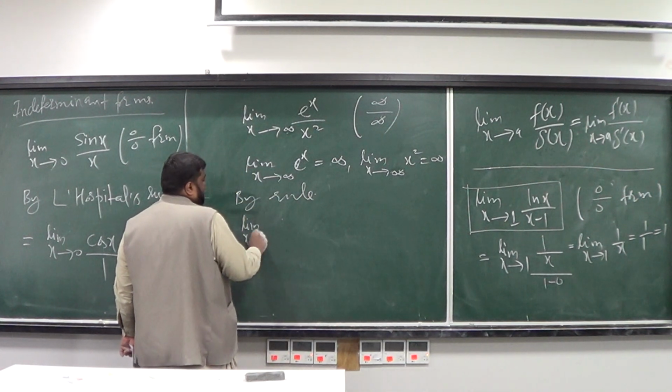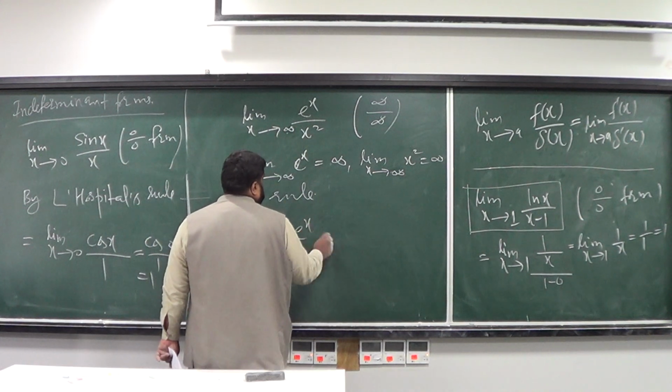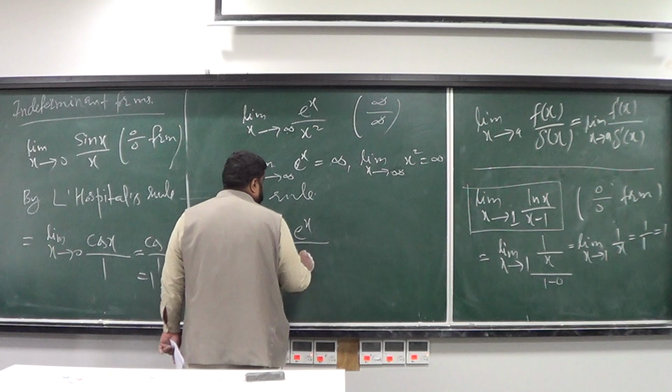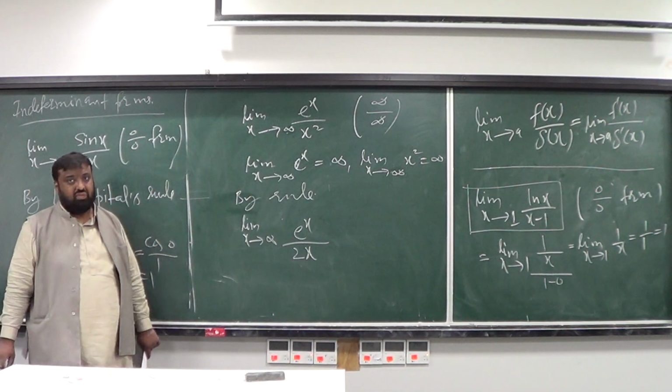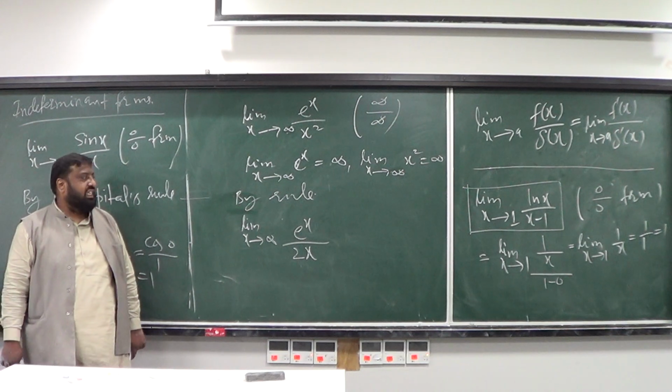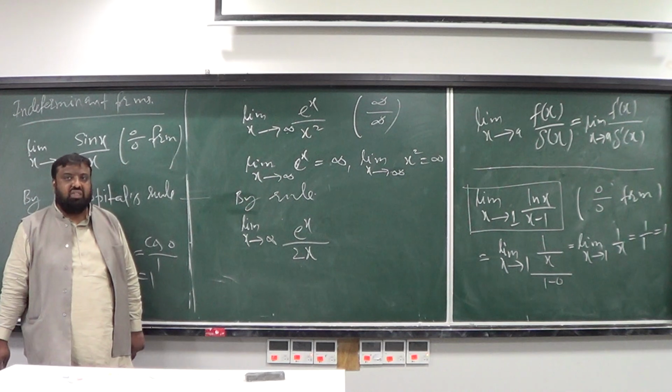Limit as x goes to infinity, you get e to the x, the derivative of e to the x is e to the x, and the derivative of x square is 2x. Now can we make sense of it?